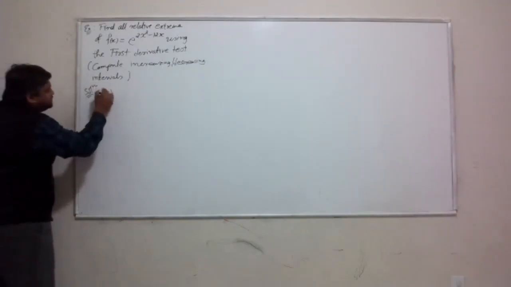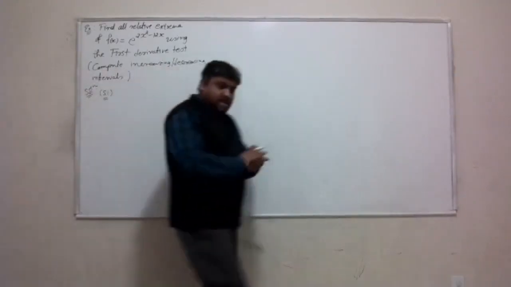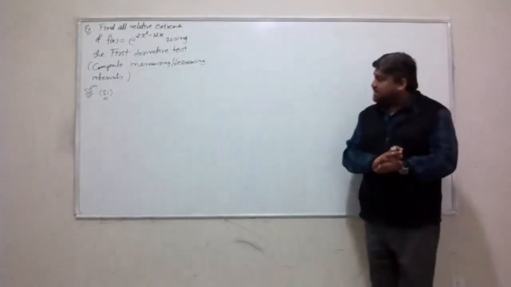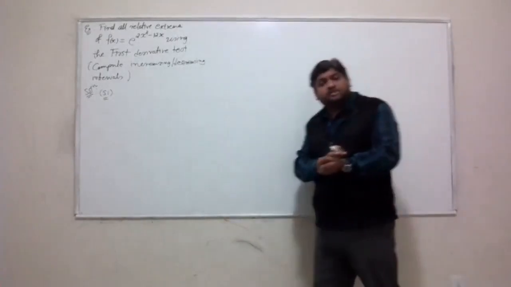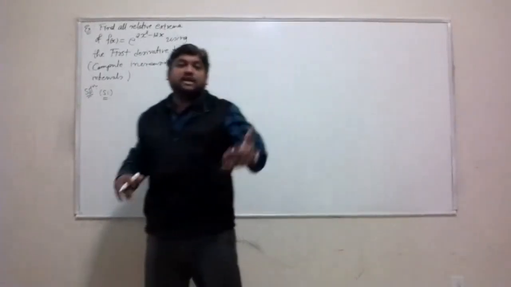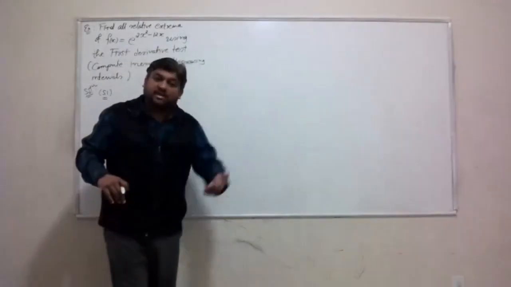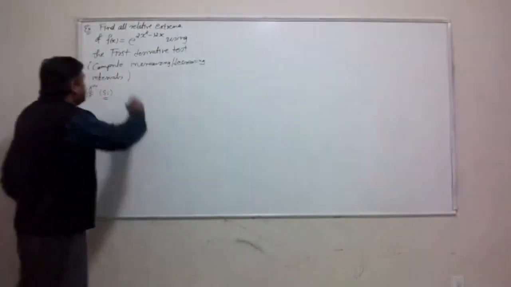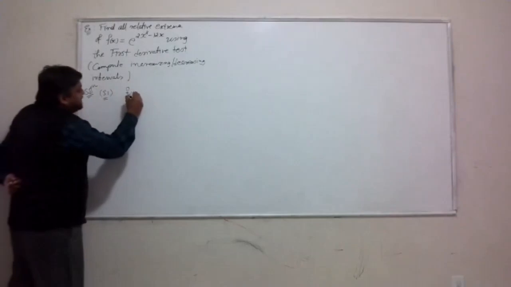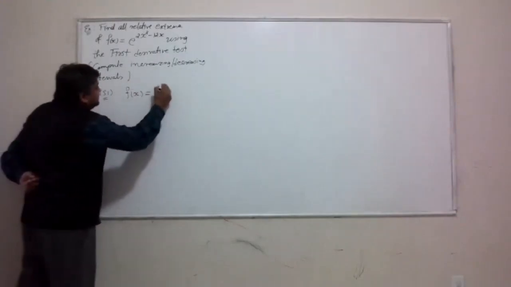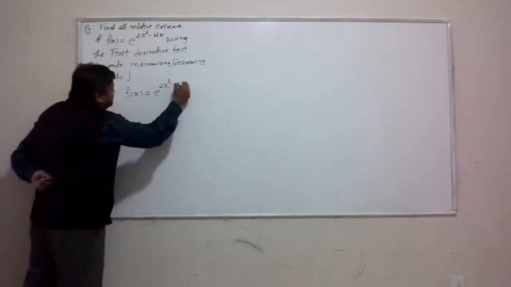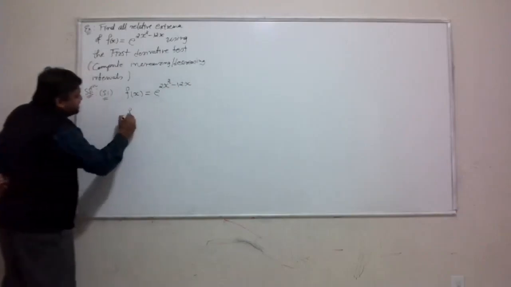As I said, the goal is to recall the general idea in terms of one quick example. I need to find the cut points of f prime x. These are the candidates for relative maxima and minima. Let's find them out. For that, I will be needing the derivative of this function. Let's find out its derivative.